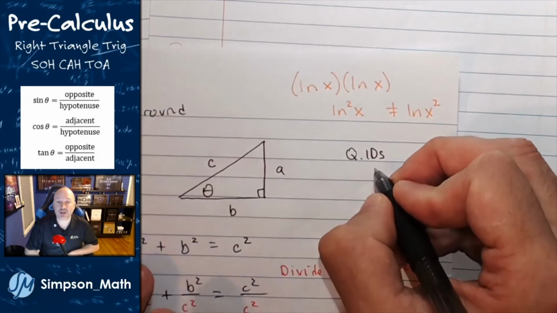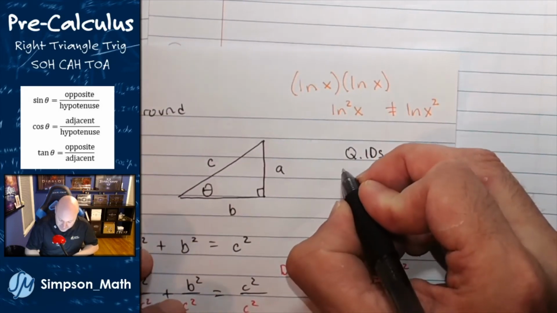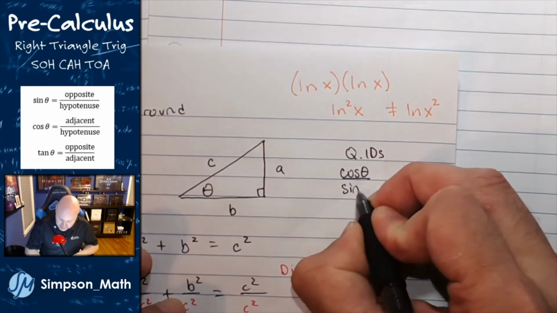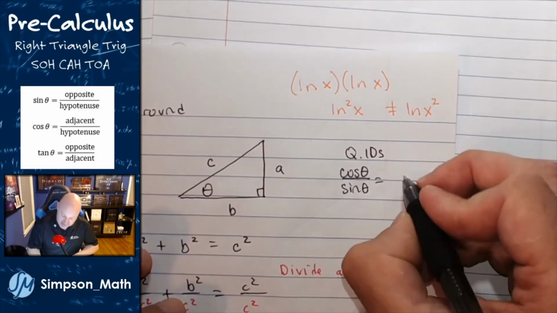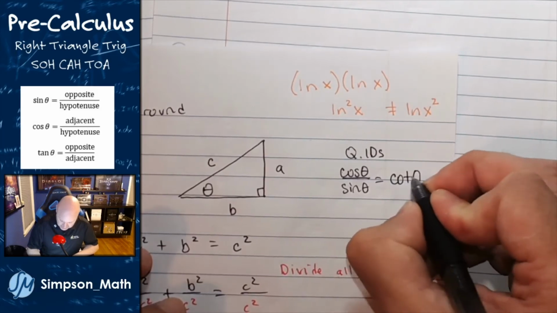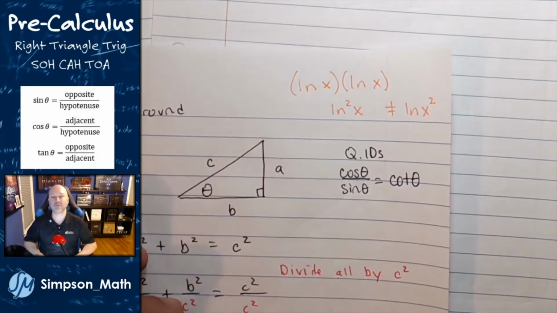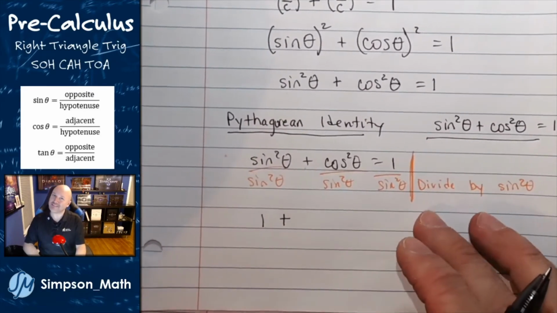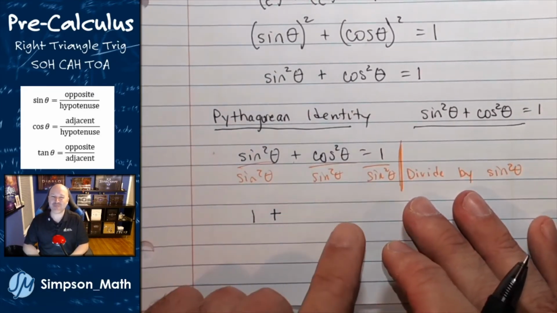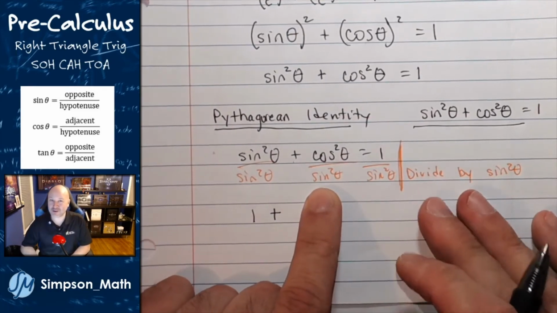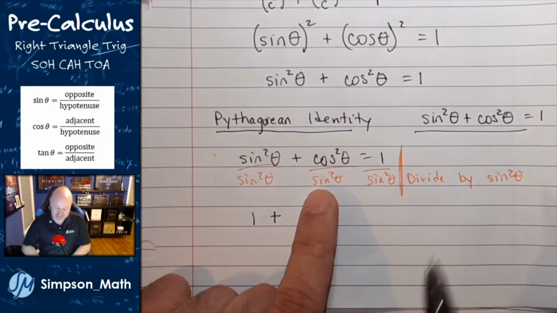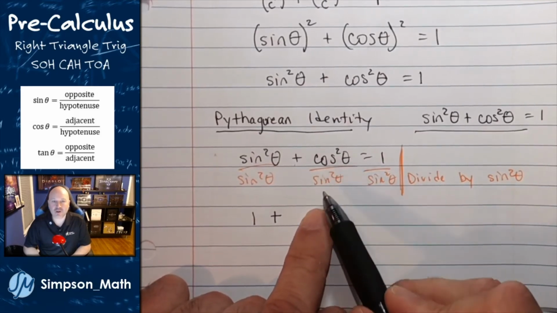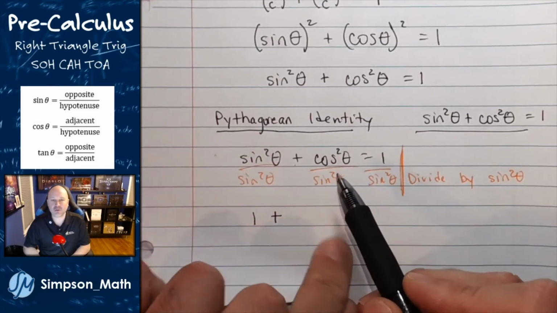QIDs for quotient identities. And we said that cosine of theta divided by sine of theta is the same thing as cotangent theta. Remember that? If not, go back to that video and rewatch the part where we talked about deriving the quotient identities. But I claim I've got that idea. This cosine over sine is cotangent.